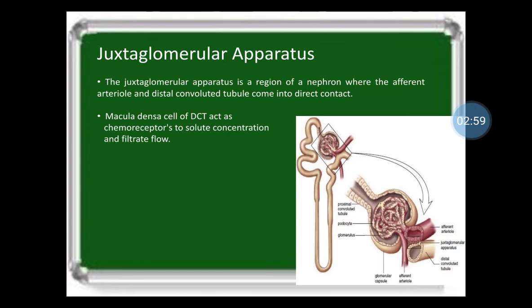At that time, the macula densa cell of the distal convoluted tubule acts as a chemoreceptor to detect the decreased solute concentration, and it sends the signal toward the juxtaglomerular cell, and the juxtaglomerular cell secretes renin into the blood. In this way, the juxtaglomerular apparatus works and secretes renin.